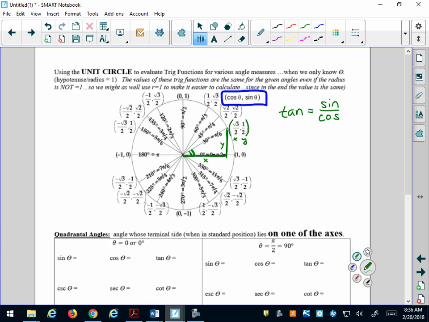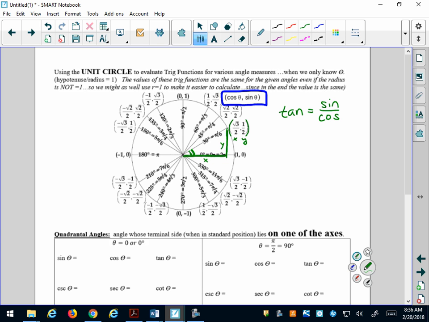Now, think about this. When you think of it as x, y, that's alphabetical. X, Y, Z, right? Cosine, sine is alphabetical too, so C comes first, and then the sine. Cosine comes first, alphabetically. Sine is y.